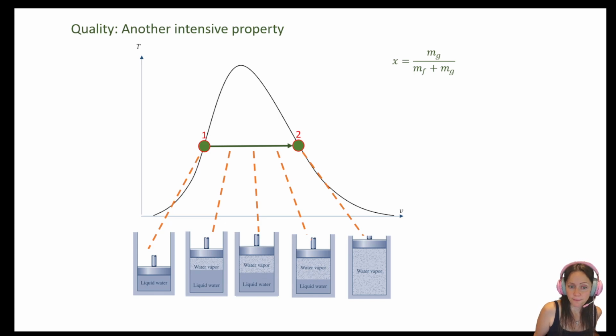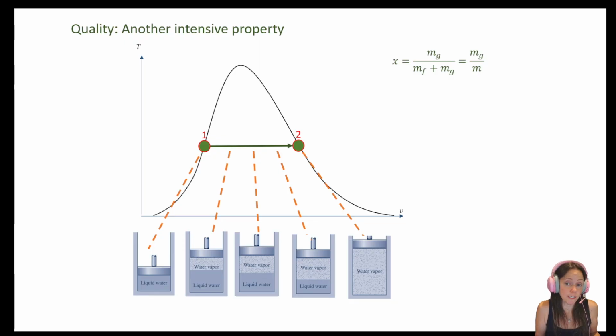The quality is the ratio of the masses. It is the percent by mass saturated vapor. So the subscript F indicates that it's associated with the saturated liquid. Subscript G is associated with the saturated vapor. So M sub G is the mass of the saturated vapor in that two-phase substance. M sub F is the mass of the saturated liquid in that two-phase substance, okay?